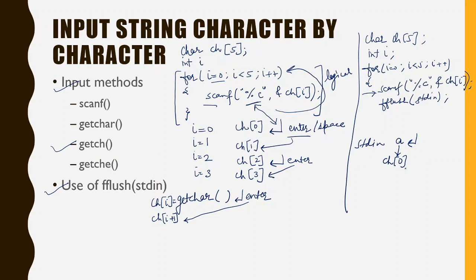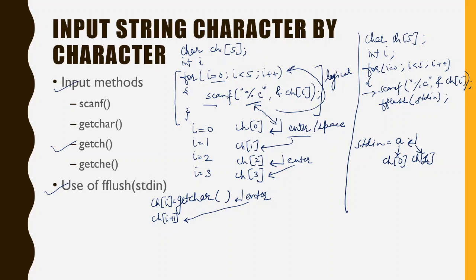So what happens in the next iteration when the input for ch[i] is to be looked for in stdin? You might want to enter B, but it will not ask. Instead, it will take this enter which is already available in stdin into ch1.